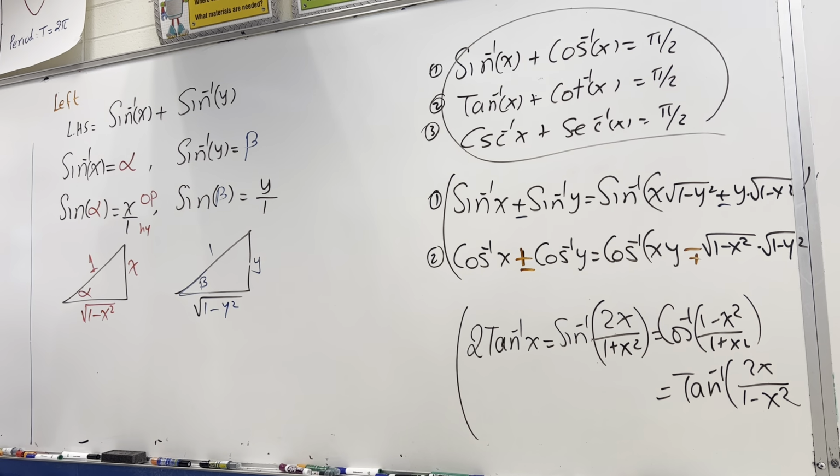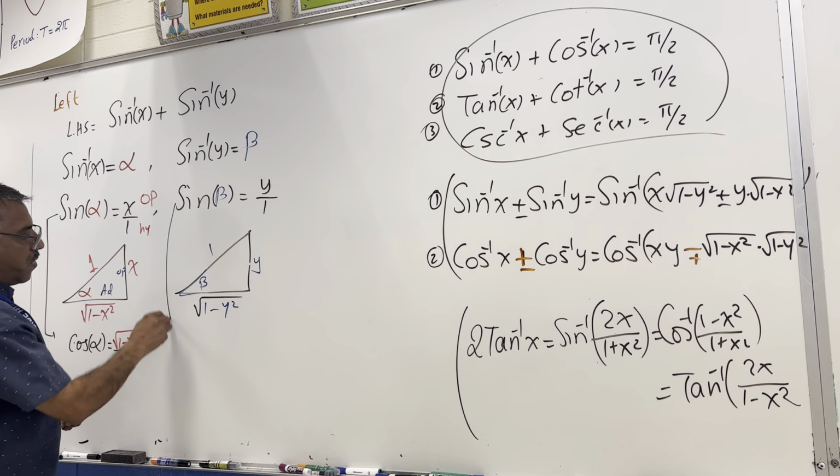So why do we need this? Because now that you know sine of alpha, from here we can write cosine of alpha. What is cosine of alpha? This is the opposite and that's the adjacent. So cosine is adjacent, which is the square root of 1 minus x squared, divided by the hypotenuse.